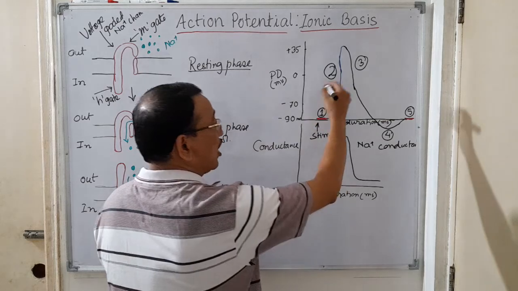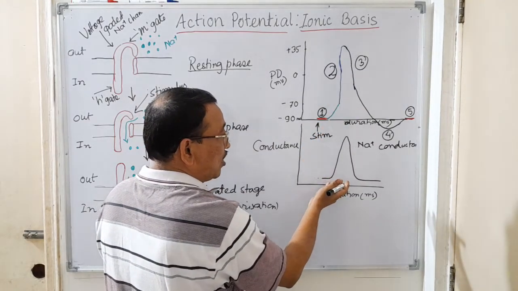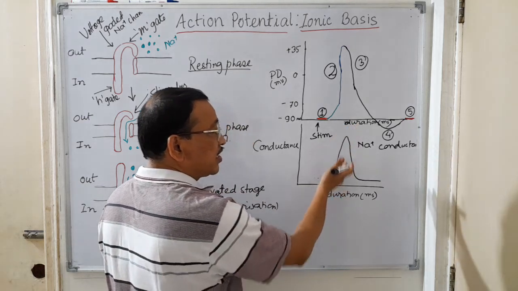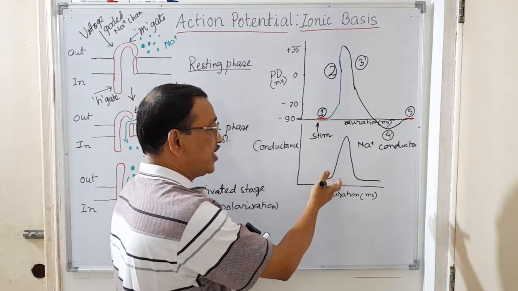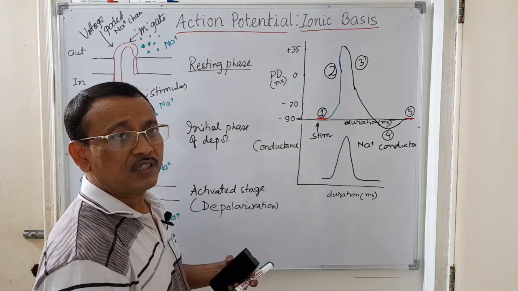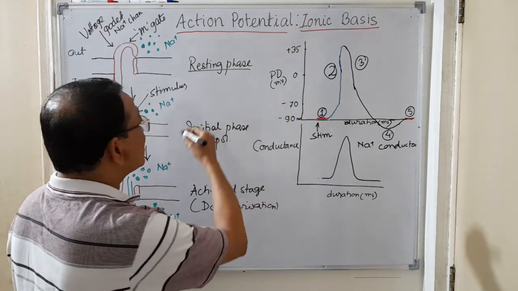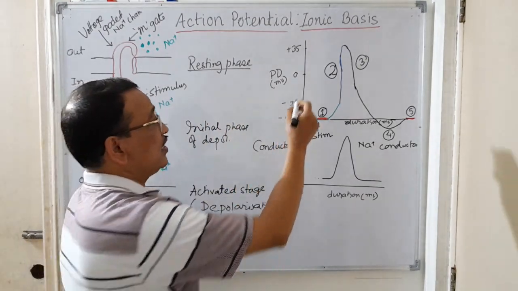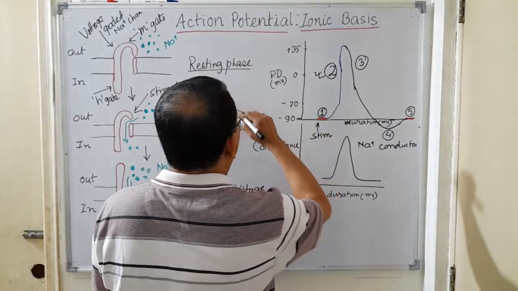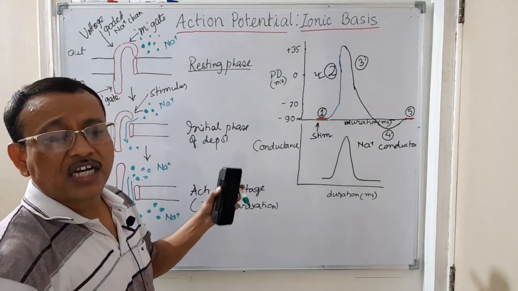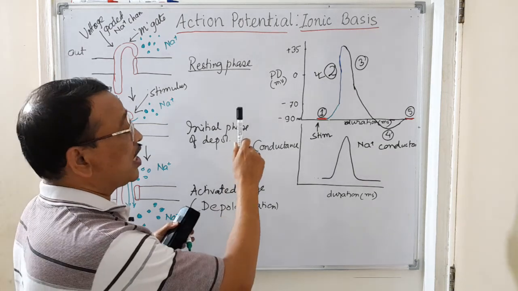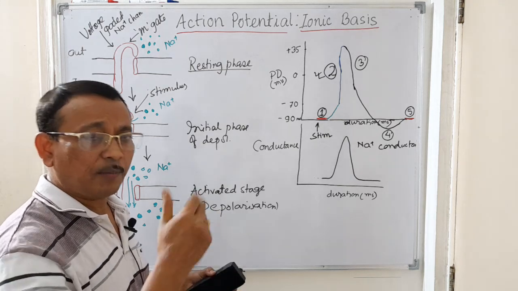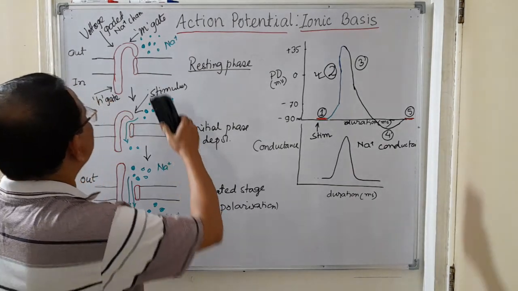Along the depolarization phase, this is because of the rise of the sodium conductance. So this is the second phase, depolarization of the action potential. So the ionic basis of the depolarization phase of the action potential is summarized like this.